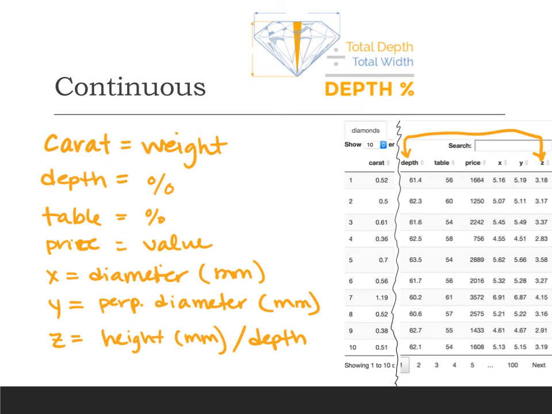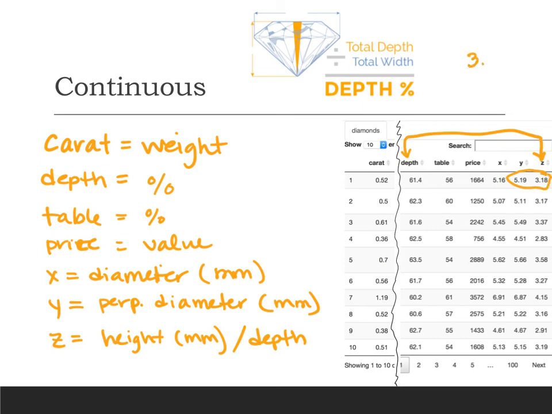And if we actually calculate that, I actually had to add the X and Y and find the average of those two. But when I divide 3.18 by those two added together and divided by 2, I actually do get 61.4%. So you get really close if you just divide these two numbers.